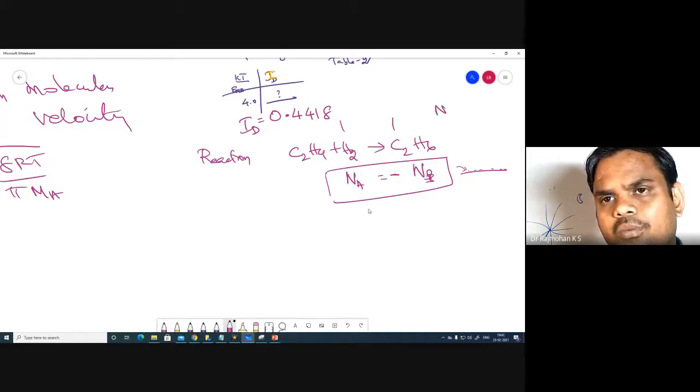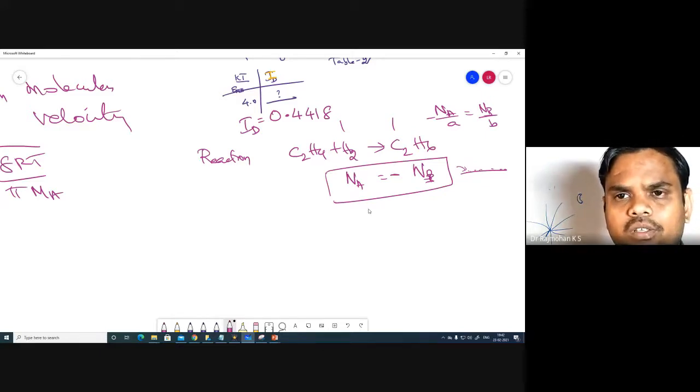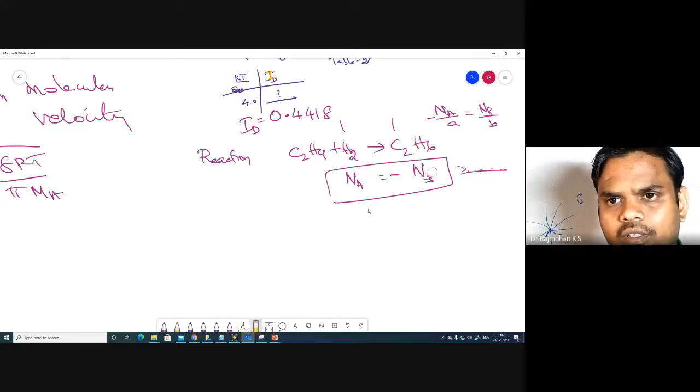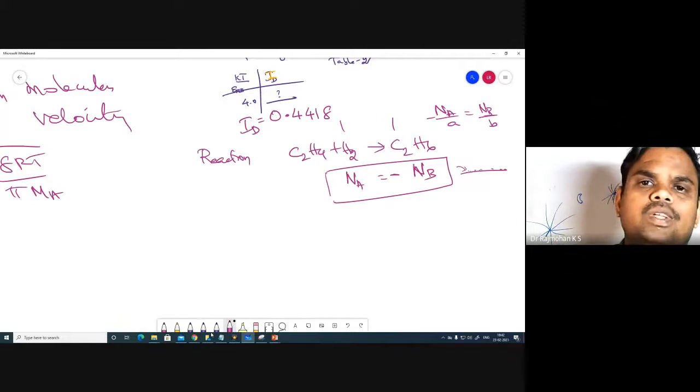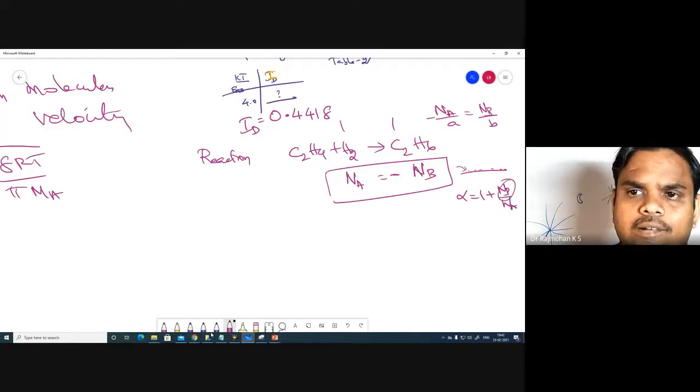We have seen the formula, right? Na by A, this is reactant, equal to minus Nb by B, which is product. So we have 1, and we get Na equal to minus Nb. With that we are going to have the corresponding alpha value, 1 plus Nb by Na.